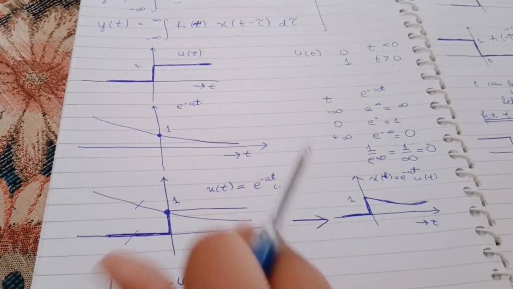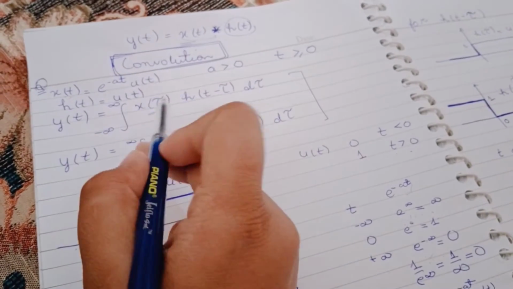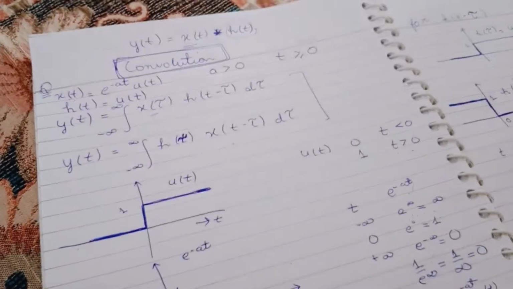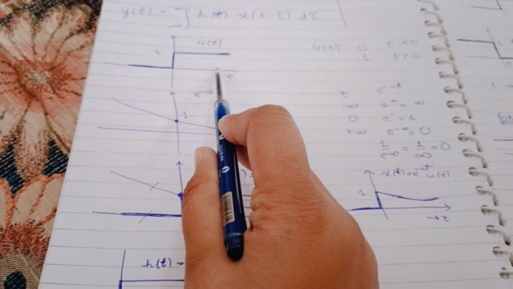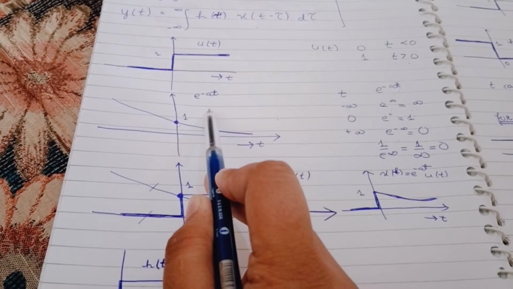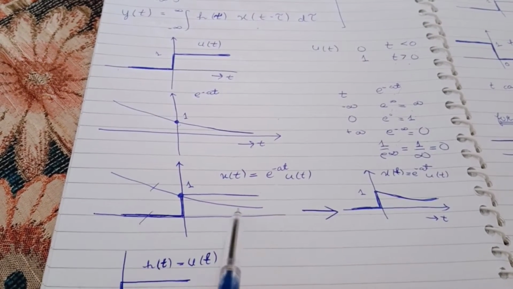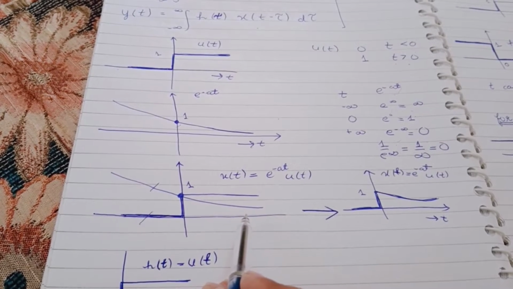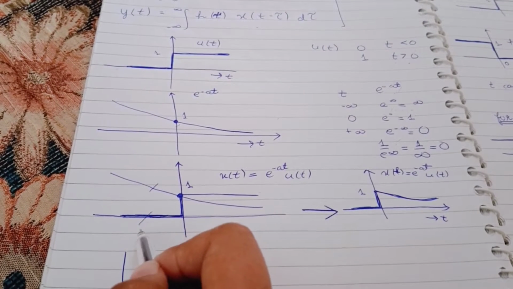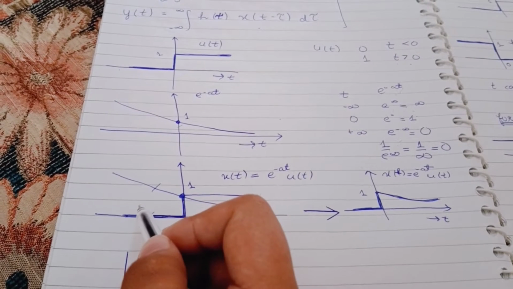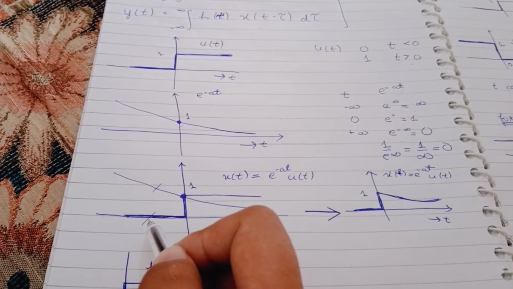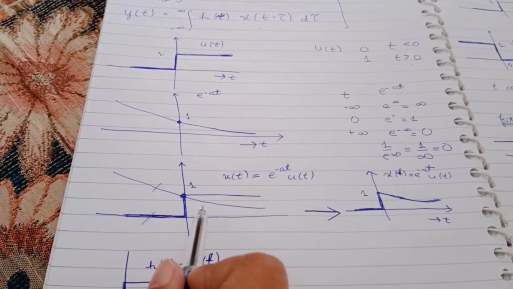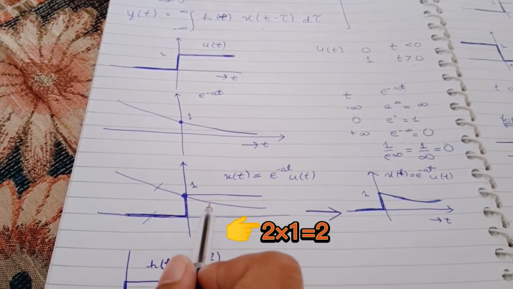In the same way, in the first function we are multiplying e^(-at) by u(t). These two functions, u(t) and e^(-at), will multiply like that. When we multiply 0 with anything, the answer will be 0, so that part will cut, and when we multiply anything with 1, the answer remains the same, just like 2 multiplied by 1 is 2.